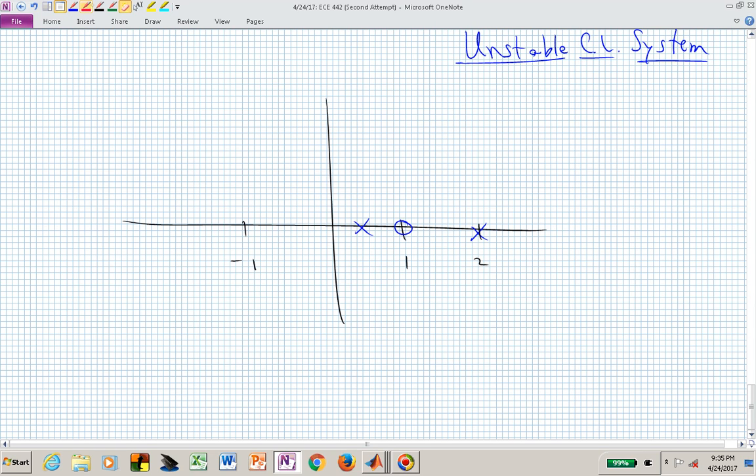What would happen if we were to introduce a pole? Now we have 2 branches of our root locus, one going to the right, one going to the left. They will meet and break away.